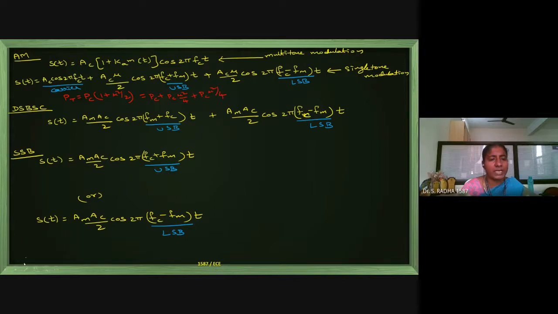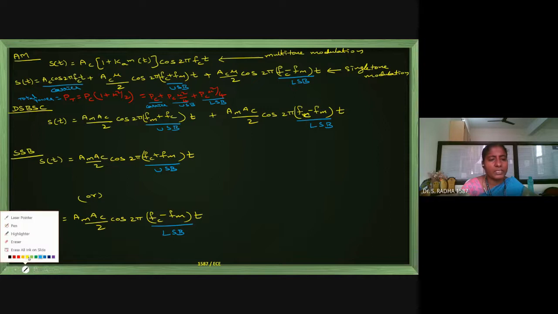Pc means the carrier component. This is the total power, this is the carrier component, this is the upper sideband power, and this is the lower sideband power. This is the total power in AM.